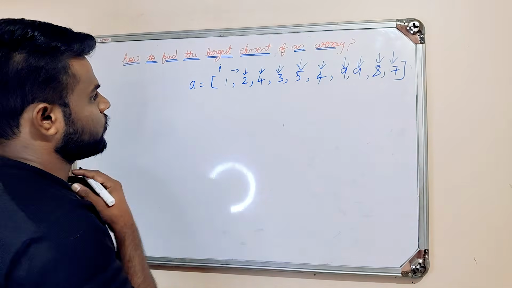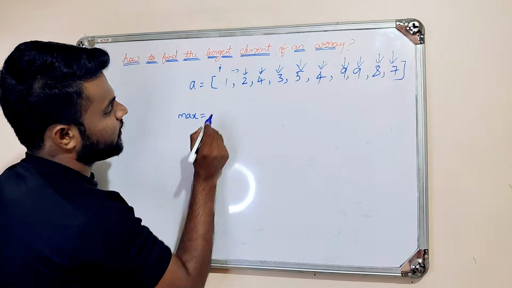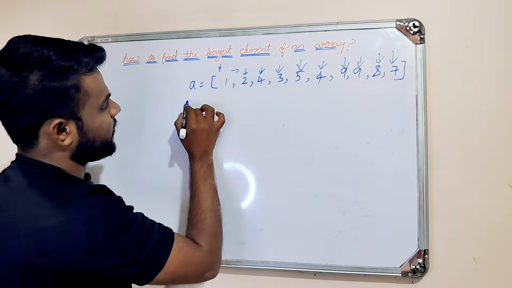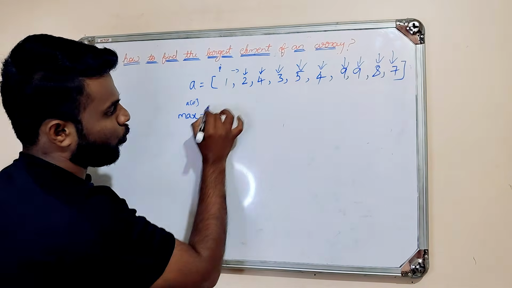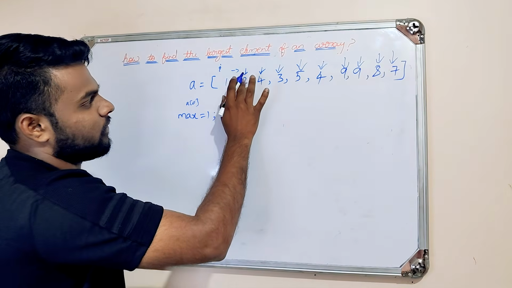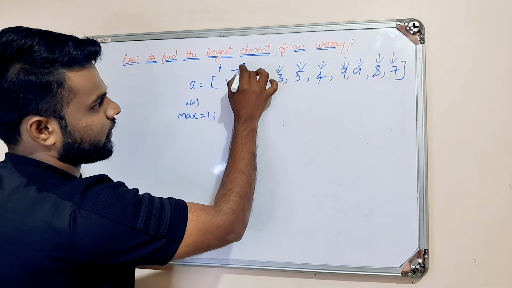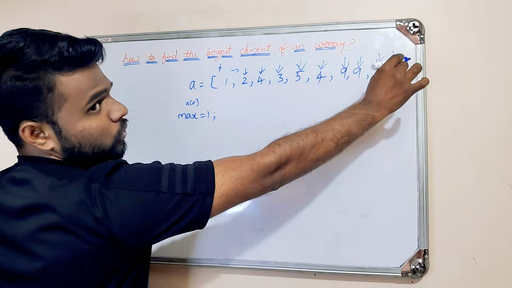First you are going to put max as the first element, a of 0. Now compare this element with this. Now check 2. You are going to iterate from i equal to 1 to n.